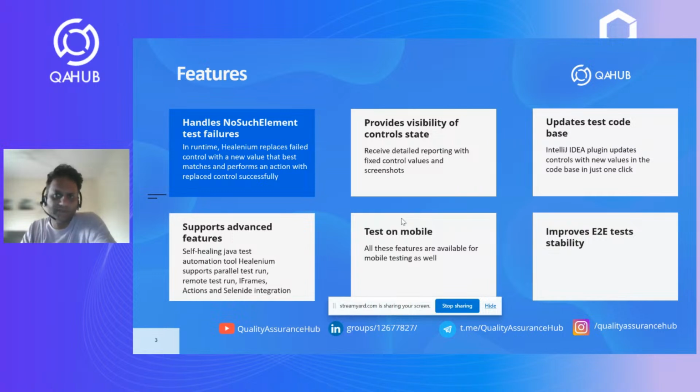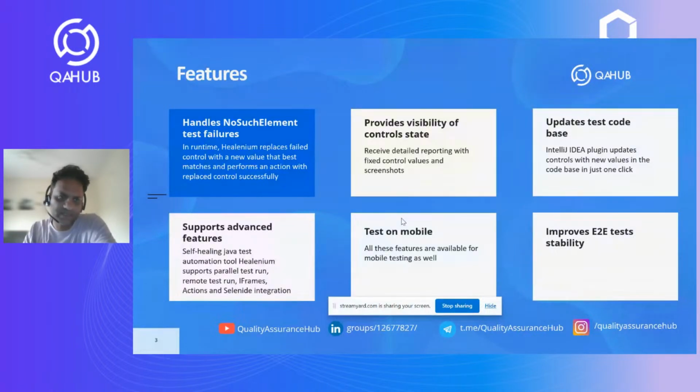It can update the test code base also. How does it do that? It won't do it directly, but it has an IntelliJ IDEA plugin which will take care of these activities. It's a one-click change in the test code, and then you can create a pull request. Other than that, it also has advanced features: it supports advanced parallel runs and remote test runs.